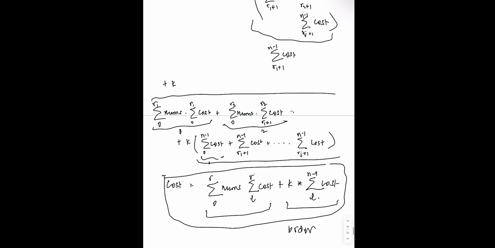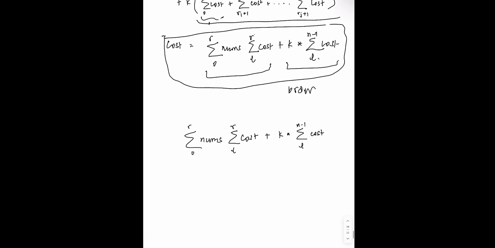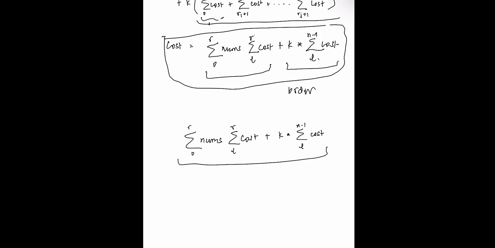So this is what we got here. If you decide to end the subarray here at R, this is the cost associated that will be added to your ending cost.